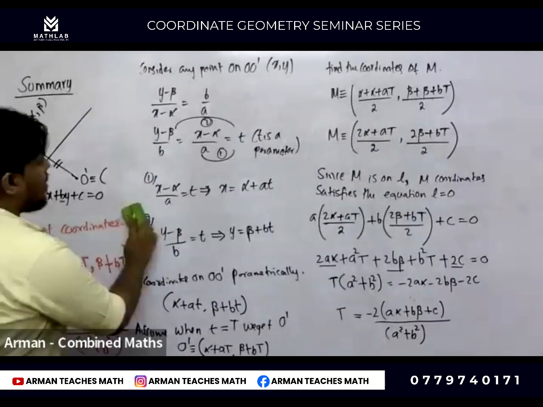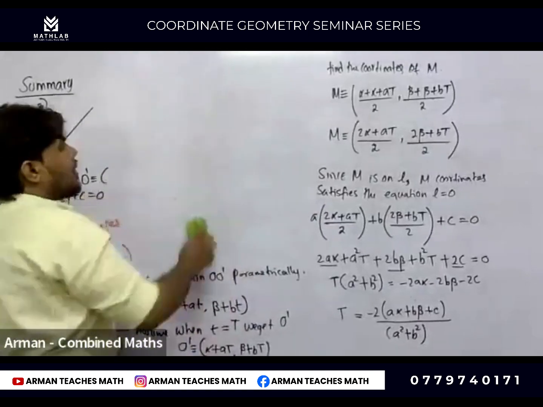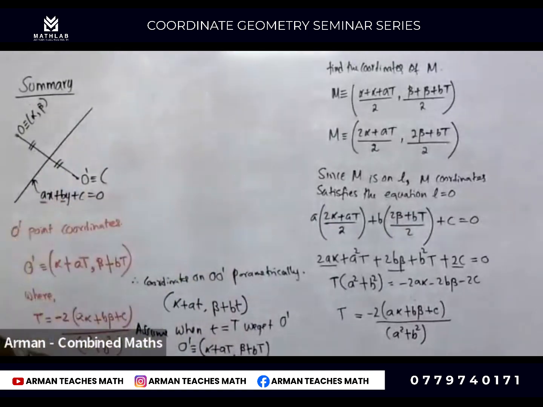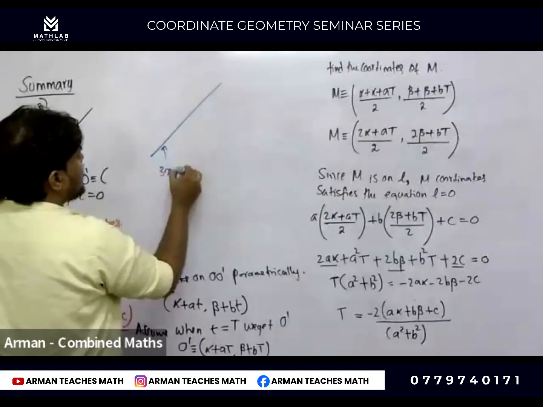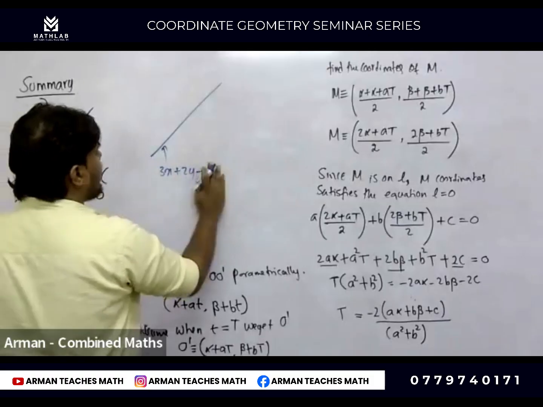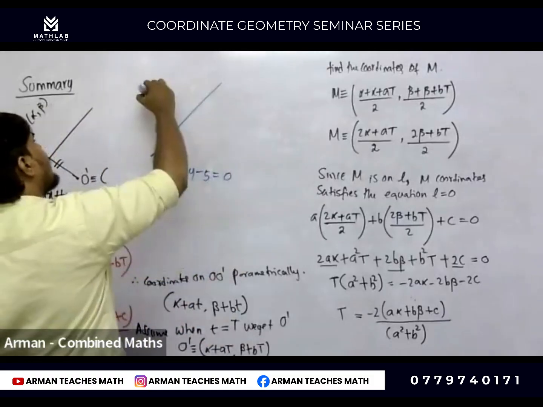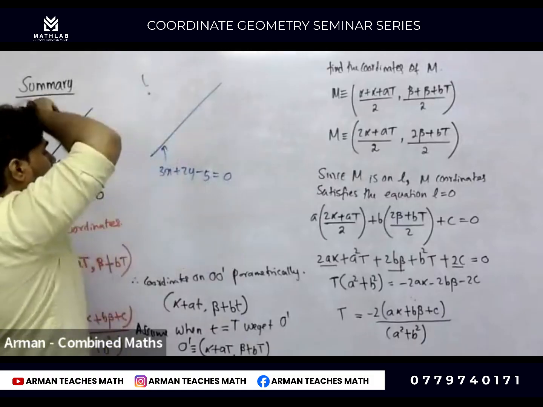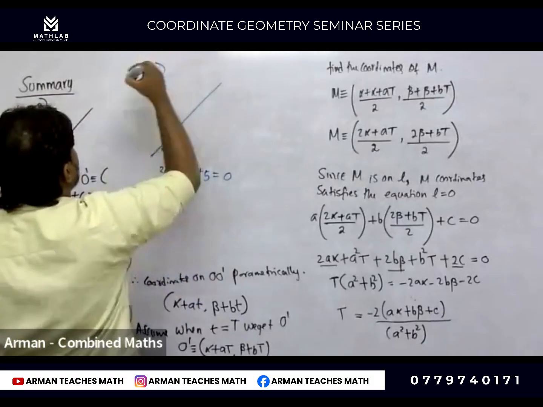If we take an example like this, let's say there's a straight line 3x plus 2y minus 5 equal to 0. Here we have a point 1, 2.